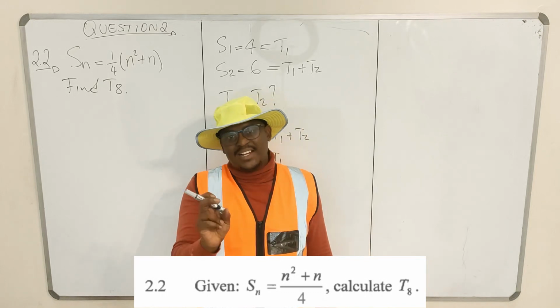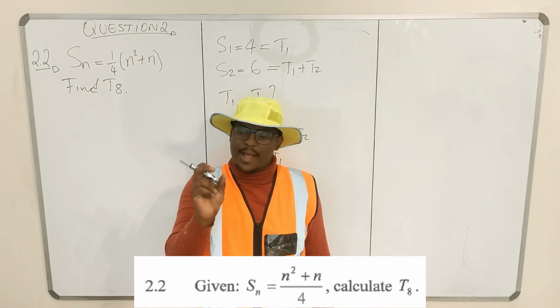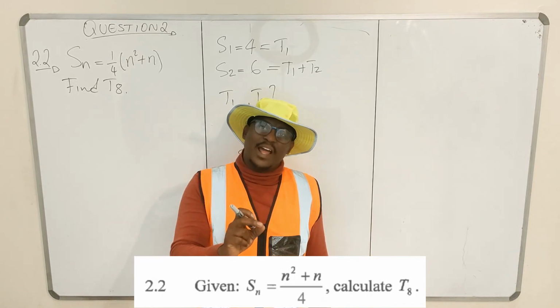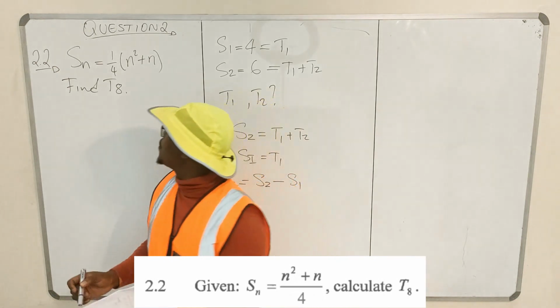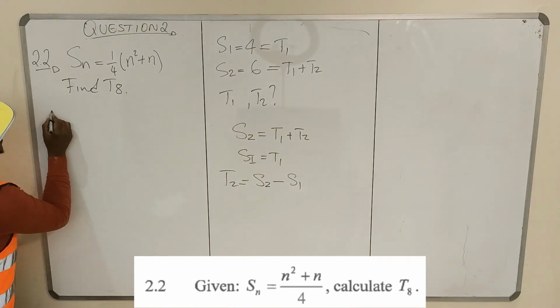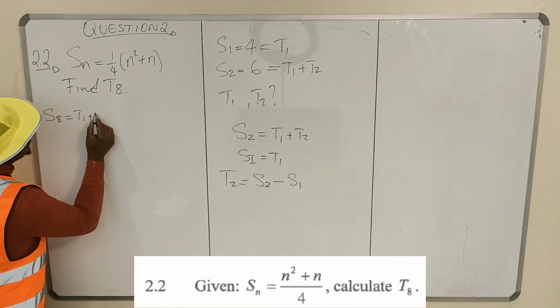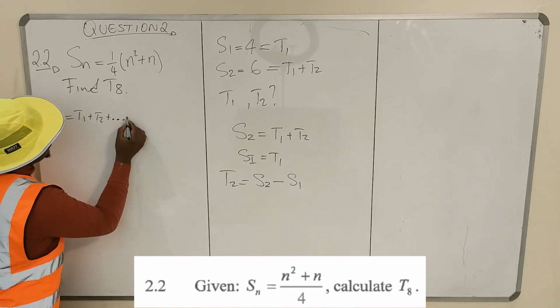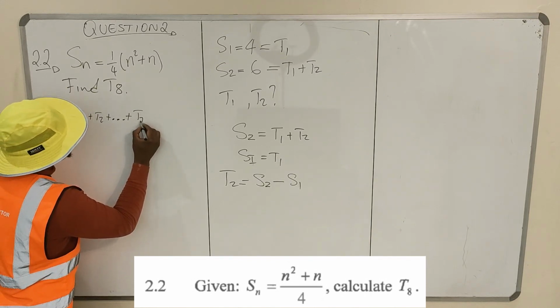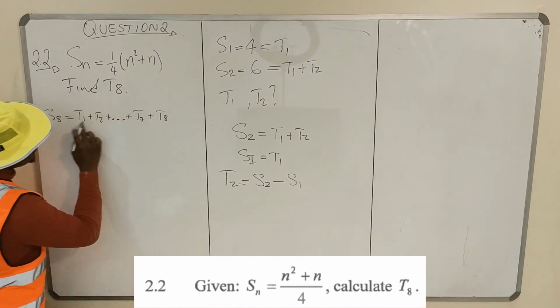So when you subtract the sum of 8 terms by the sum of 7 terms, you'll be left with the 8th term. Because the sum of 8 terms will be T1 plus T2 and so on up until T7 and T8, all the terms.